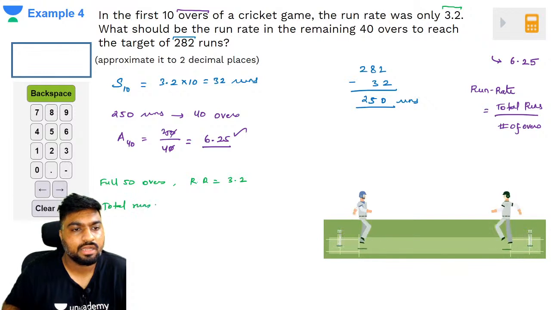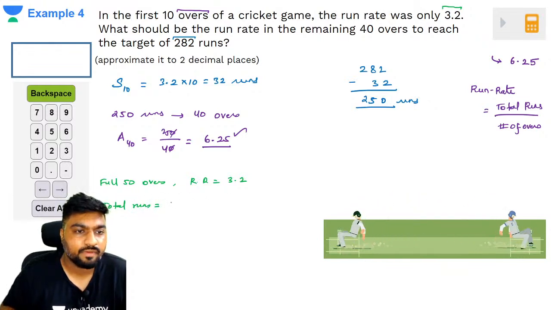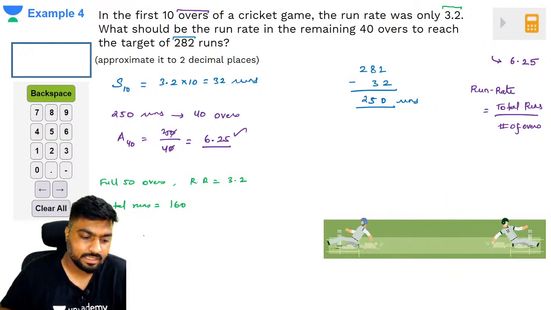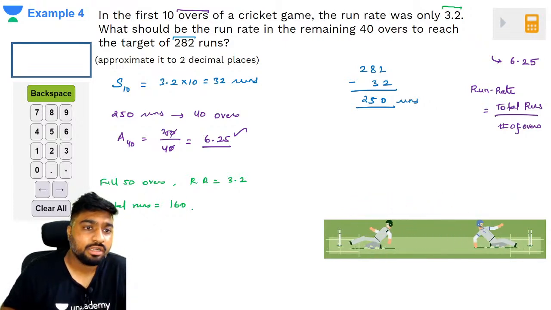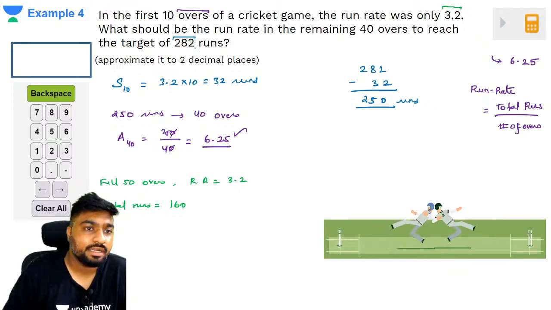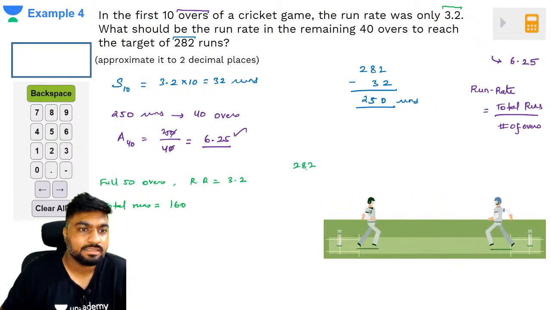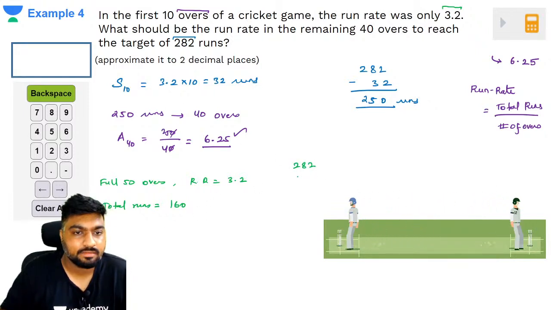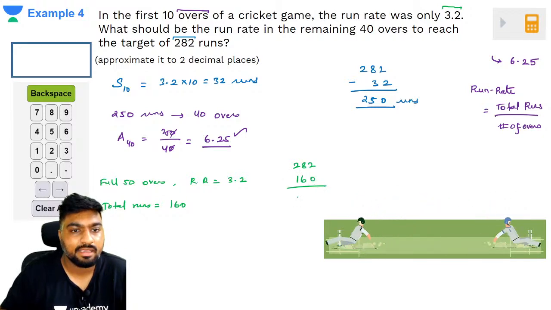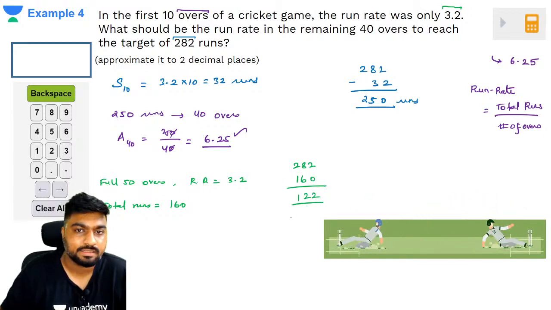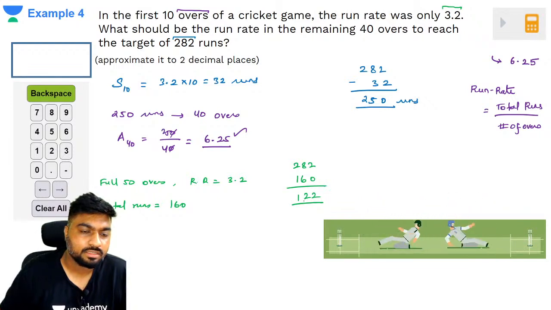Total runs would have been 32 into 5, 160 runs. But they want how much? They want 282 runs, right? They want 282 runs and not just 160, correct? So the remaining 122 runs, try and focus on this, guys.